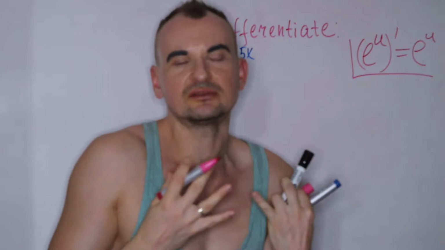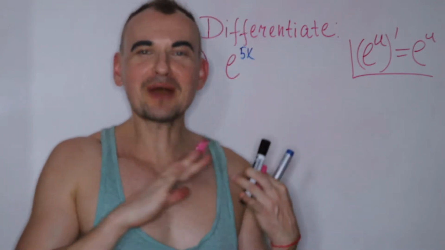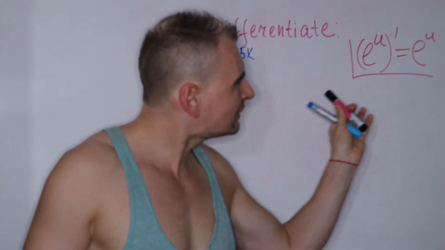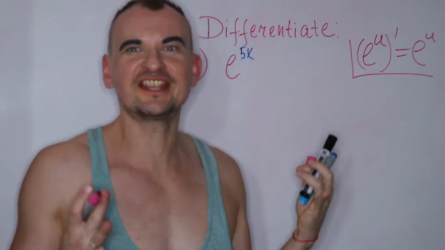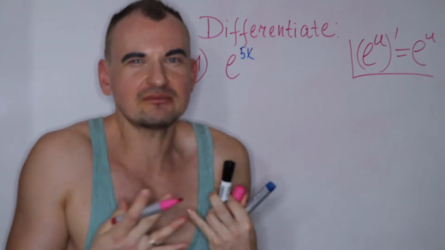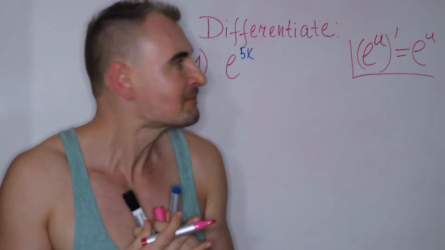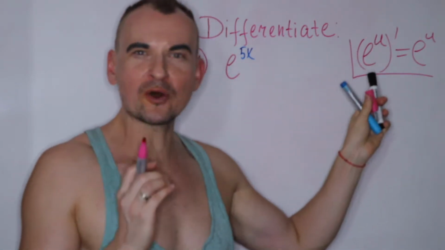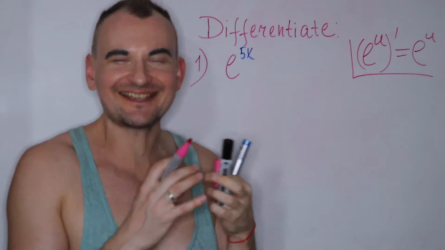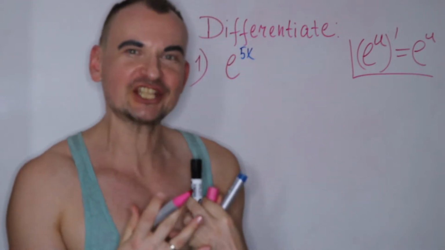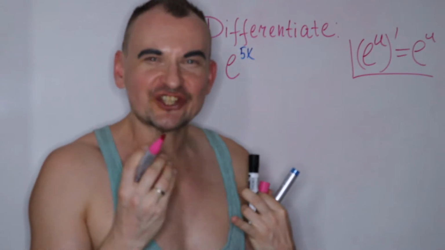You could use d over dx notation, whatever suits you best. So that's the only function whose derivative remains the same. It's kind of easy to remember. And I'm using this u on purpose to emphasize and highlight that u could be any expression that contains x.